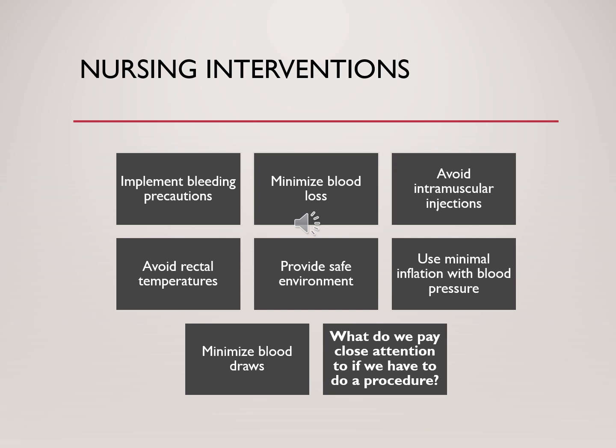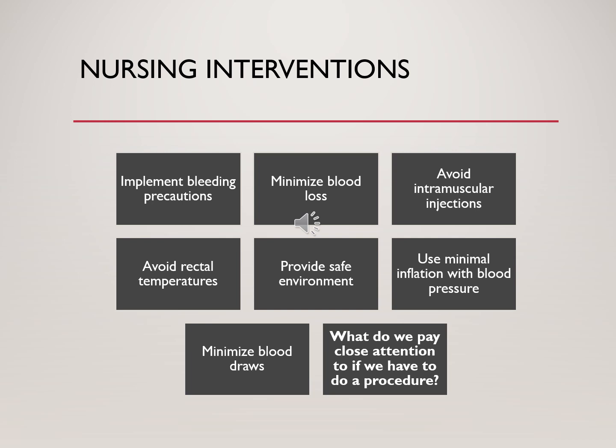And if we're going to do a blood pressure, we need to use minimal inflation when assessing, because overinflation of that blood pressure cuff can cause bleeding. So we only want to inflate the cuff until we can't hear the pulse anymore, and avoid automatic blood pressure cuffs, because again, they're going to get pretty high and would cause bleeding.